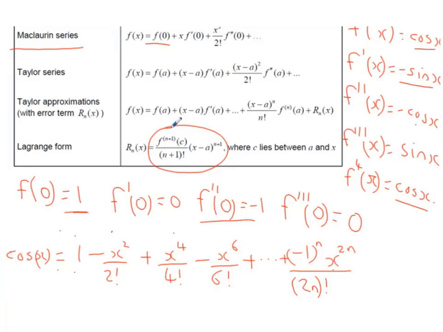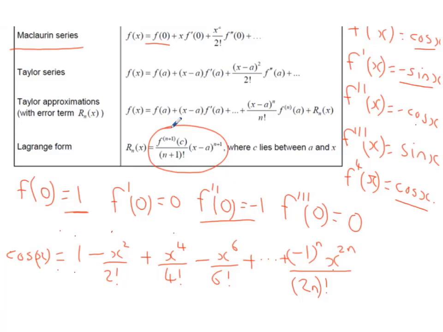If you look at the way it is, it's going to be 2n plus 1, because our nth term is x to the power 2n over 2n factorial. So for the next term, whilst you may be tempted to put 2n plus 2, because you're thinking the powers are going up in even numbers, actually, because technically you're just dealing with this Lagrange form of the error, you need to be using 2n plus 1.